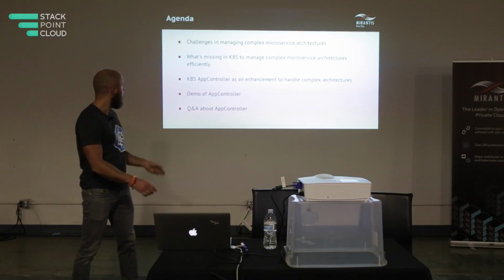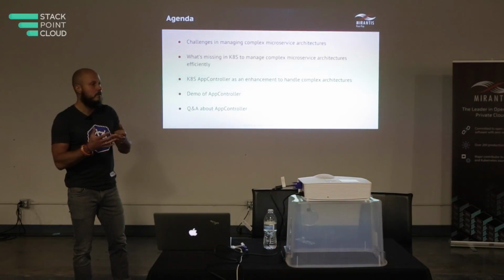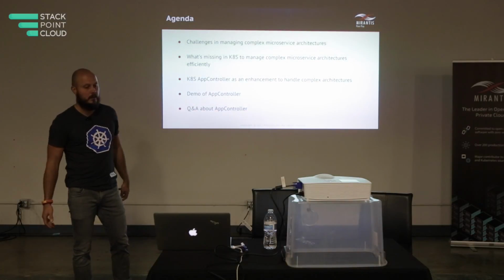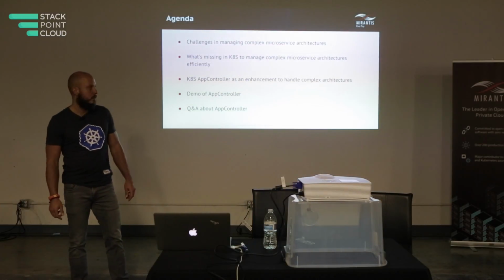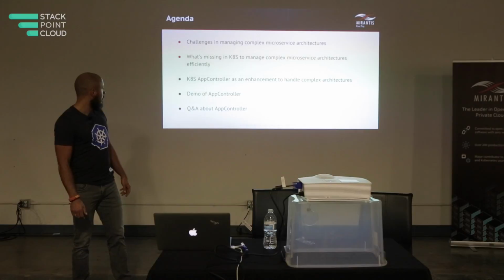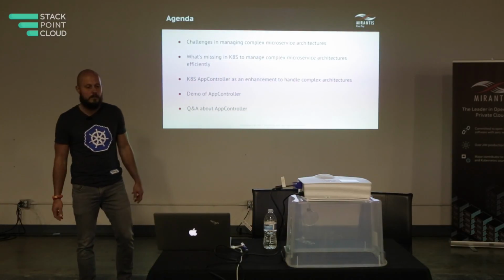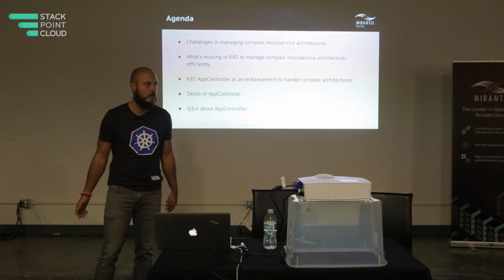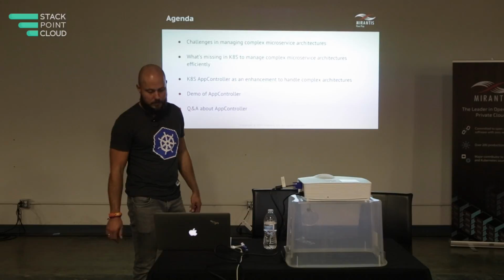I'll tell what's missing in Kubernetes to become a good platform for running complex services. And I'll introduce one tool that me and my team developed, called AppController, which enhances Kubernetes, an open source community project, and tries to tackle the problem of creating dependencies between services and deploying complex applications.